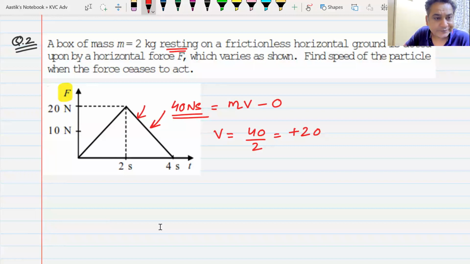Anyone? Any idea? What do you understand by the term collision? No one understands the term collision?